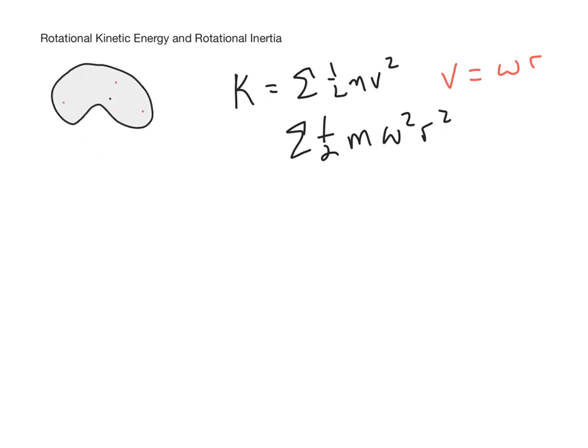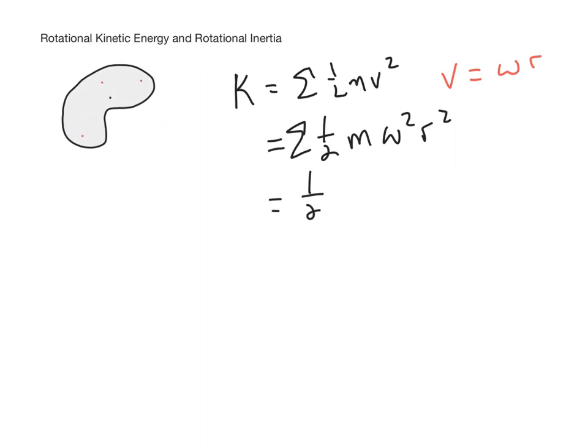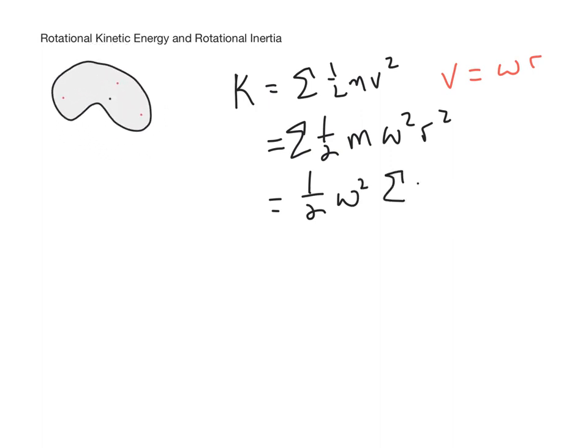Now the 1/2 is constant and the omega is constant, so we're going to pull those out of this sum, and we're left with the sum of all the m r squared.